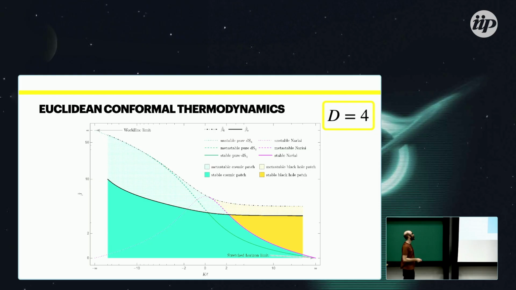The only thing I want you to know about this plot is that this region over here that is light green is a region where you will have cosmic patches, so patches of de Sitter space that have a cosmological horizon, that have positive specific heat, and are thermally stable. Okay, so conformal boundary conditions in 4D allow you to define cavities that have a positive specific heat in 4 dimensions.